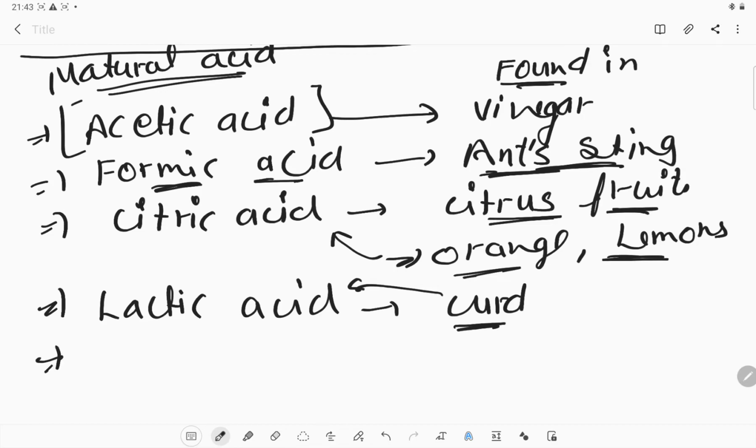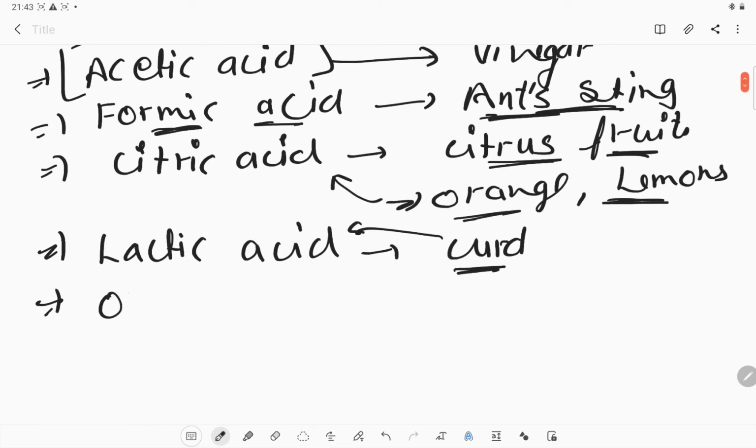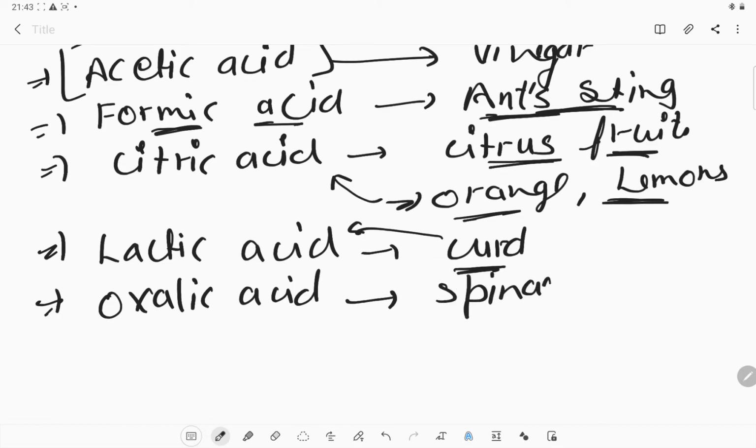So we are consuming some acids on a daily basis, like oxalic acid. Oxalic acid, where is it found? It is found in spinach, okay. What else? The ascorbic acid.